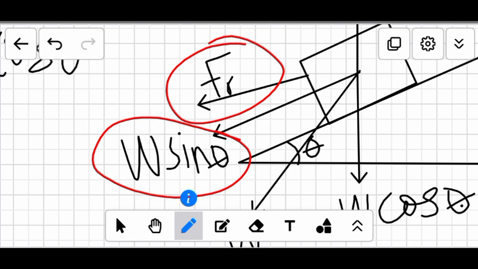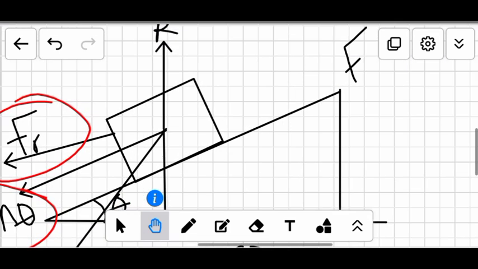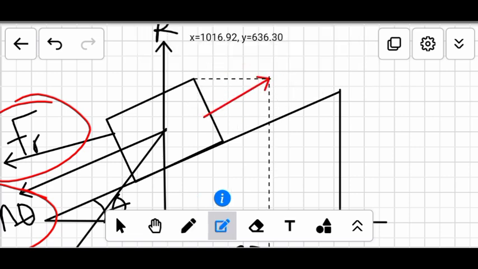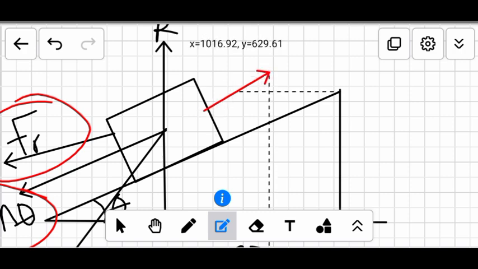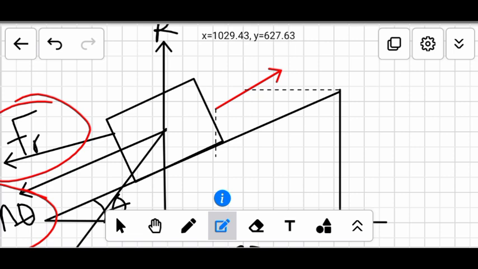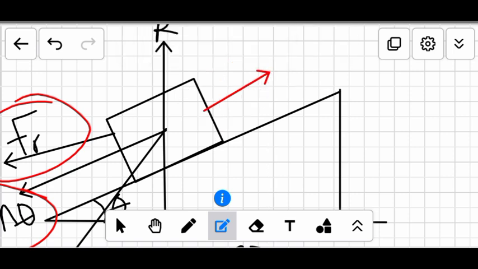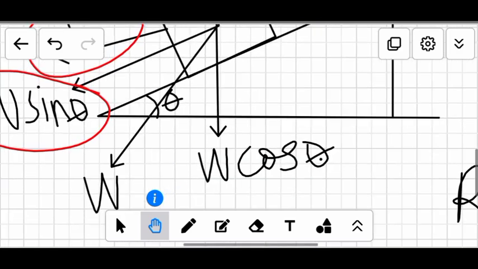So in order to make the object move up the plane, let's say the force you need to add is force P. You need to add a force P, and this force must contain both the frictional force and the W sine theta, so the body can ascend the plane.